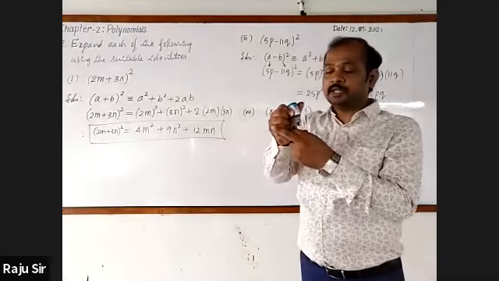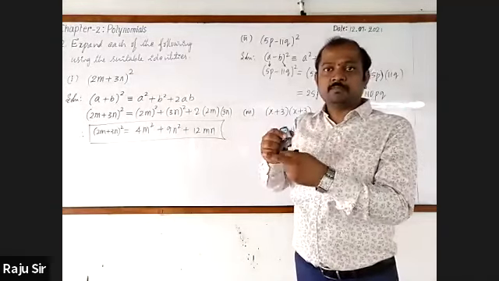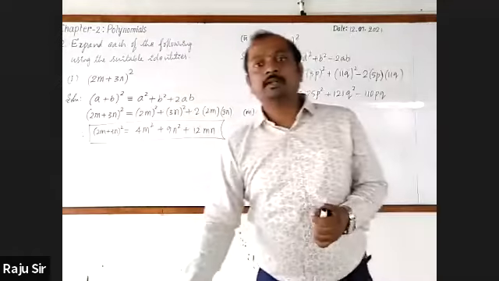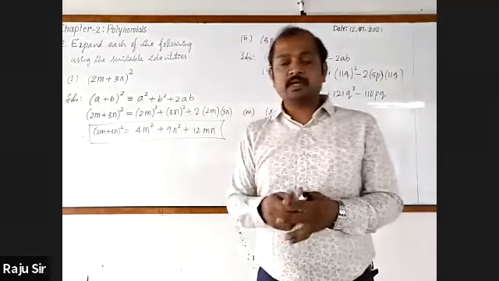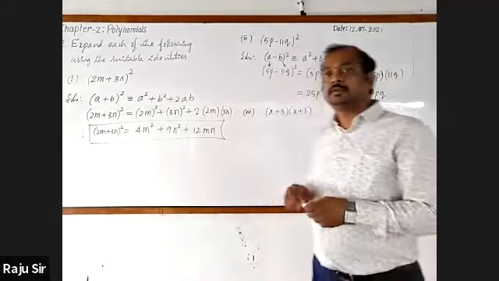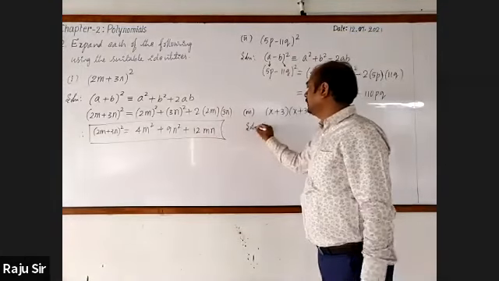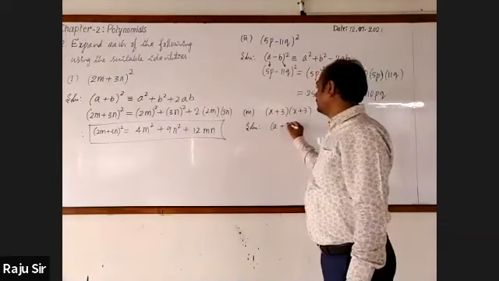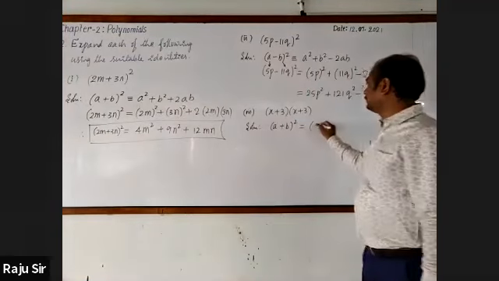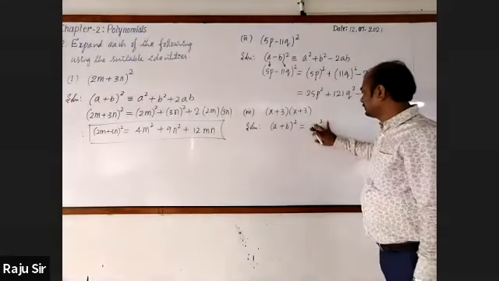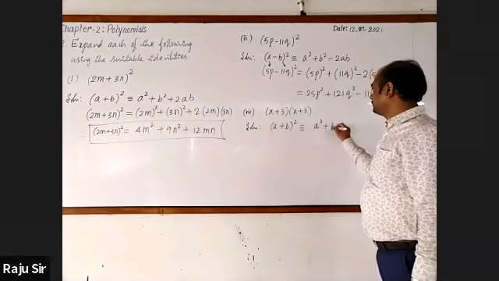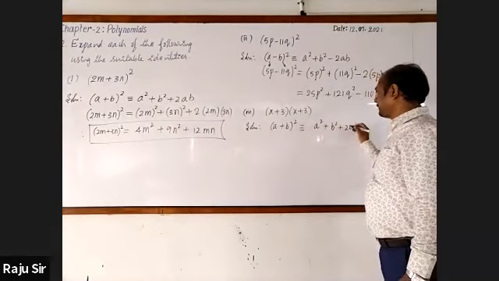Very simple thing is, if the first term and second terms are the same, either it will be A plus B whole square or A minus B whole square. A plus sign is there, so we write A plus B whole square, which is equal to A square plus B square plus 2AB.